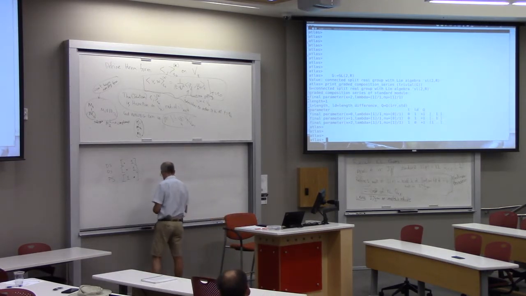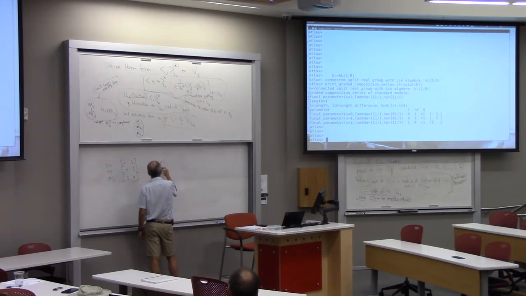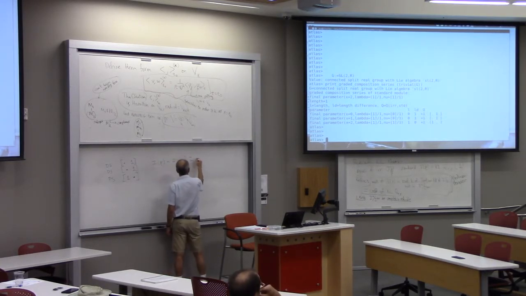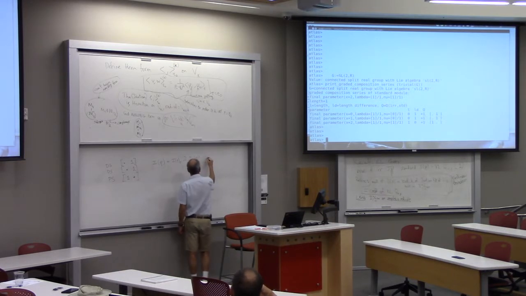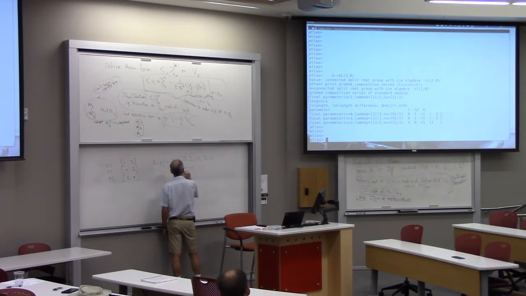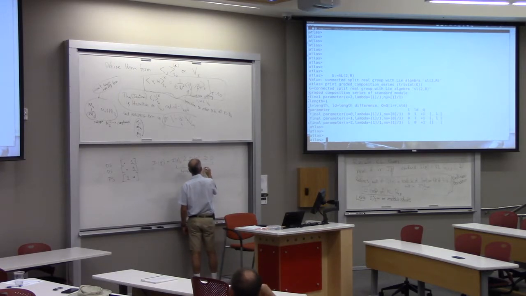So this says that there's this I of P, and it contains, this is I of P sub 0, and that contains I of P sub 1, and that contains 0. And this quotient is the trivial, and this quotient is the sum of the two discrete series.